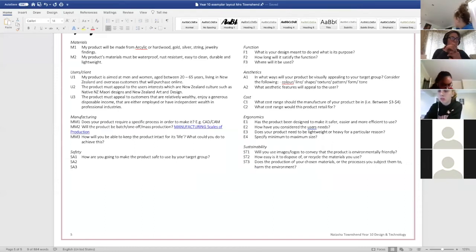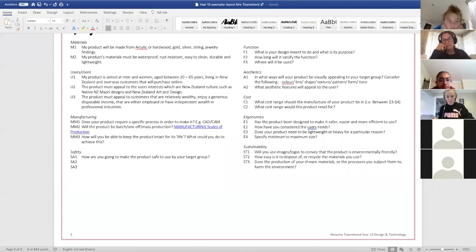How have you considered the user's needs? Ergonomics. Think about that the user needs to handle it with their fingers.